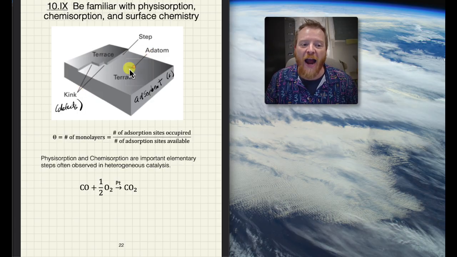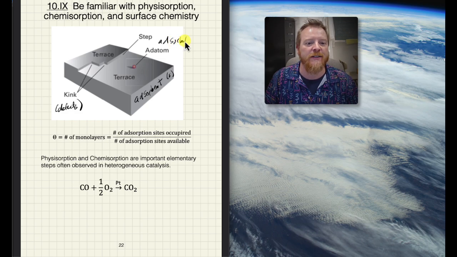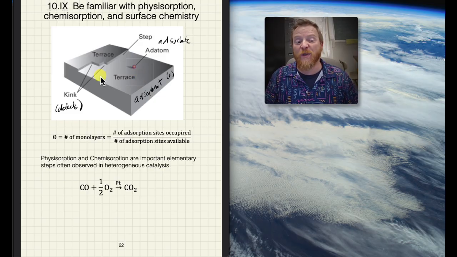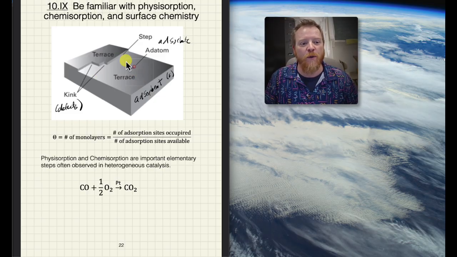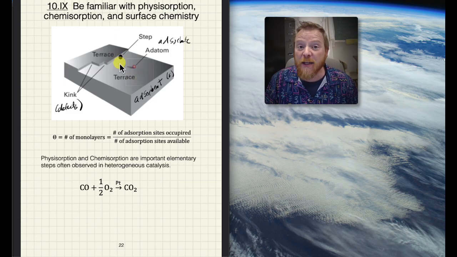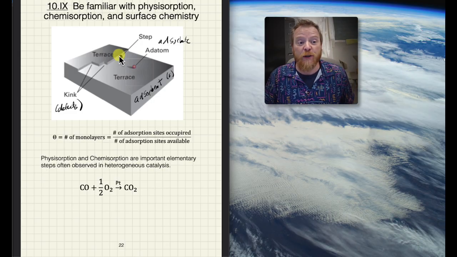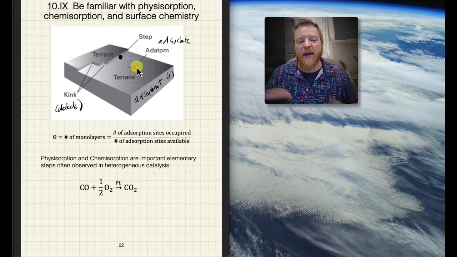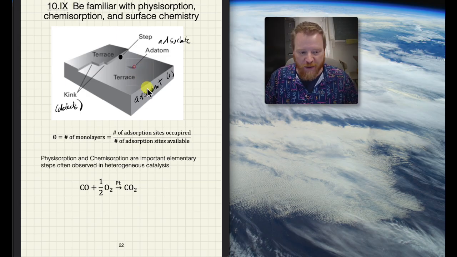And when we see our atom here, or sometimes referred to as the adsorbate, those typically have a strong affinity for these defects, right? So if you imagine placing an atom right next to this step, as opposed to out in the middle of this terrace, it's going to be able to experience intermolecular forces from both the terrace and the step. Whereas just on this open terrace, it might not bind as strongly.